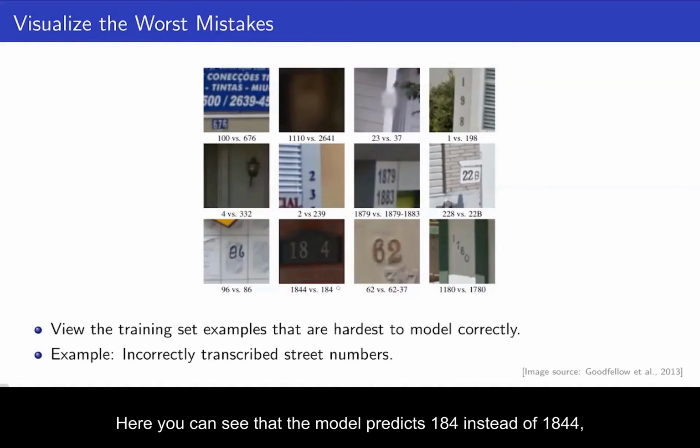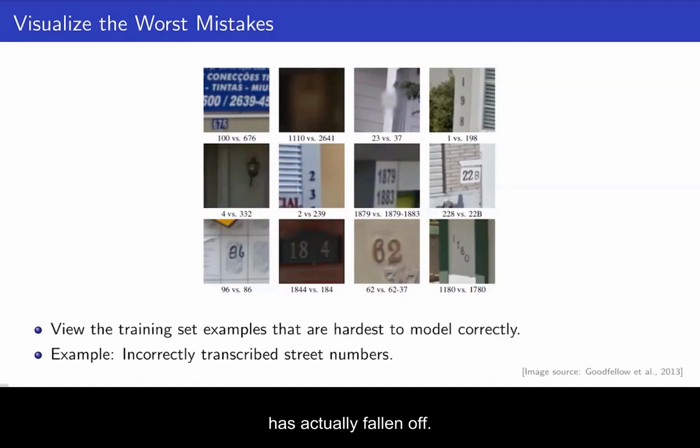Here you can see that the model predicts 184 instead of 1844, and this is because it looks like one of the digits has actually fallen off. In the next example, the network is supposed to predict 62-37, but it only predicts 62 because the 37 is only partially visible.